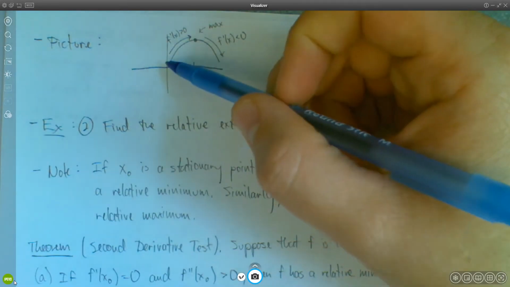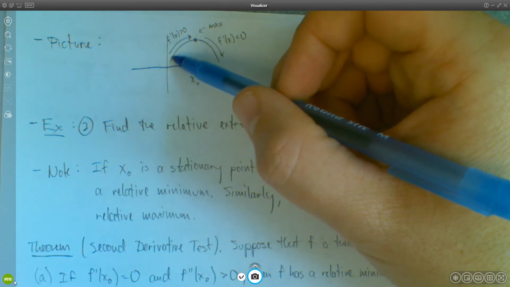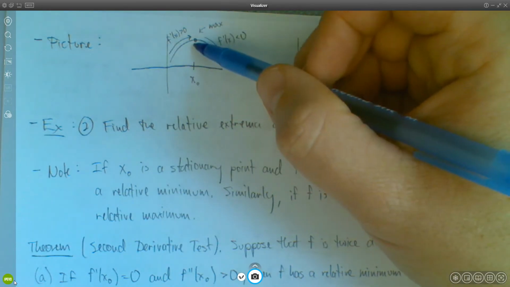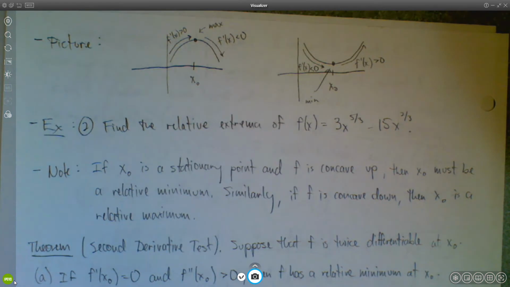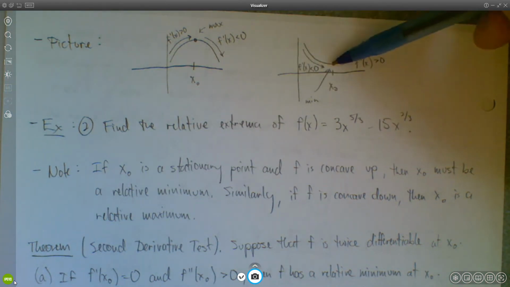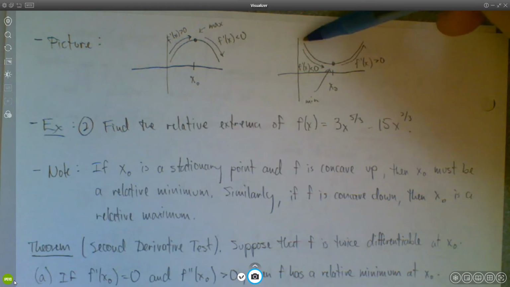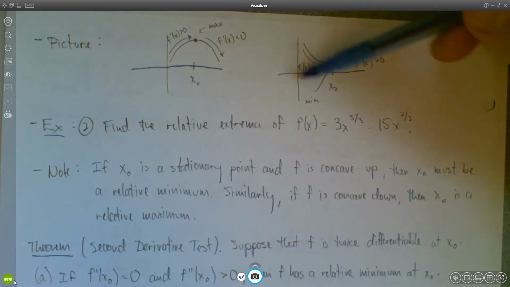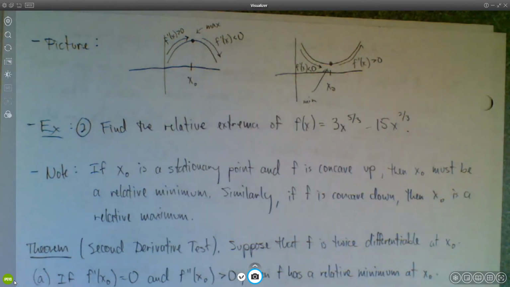And for another thing, the derivative is changing sign from positive to negative, and that means you've got a relative maximum. And then you can go through a similar line of reasoning to convince yourself that you get a relative minimum when you have a critical point where the derivative of the function changes sign.